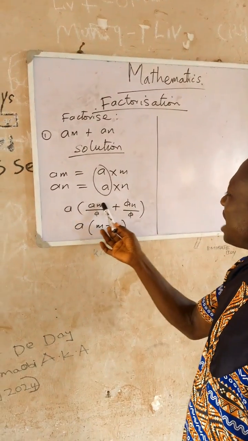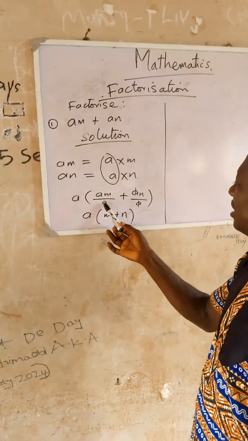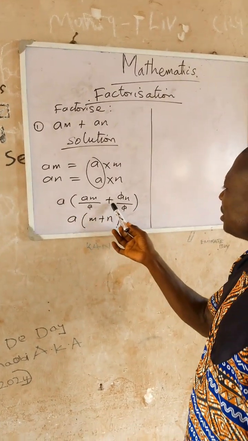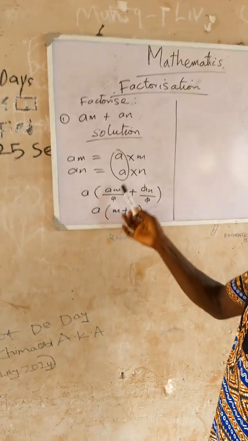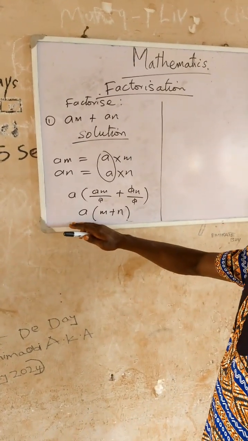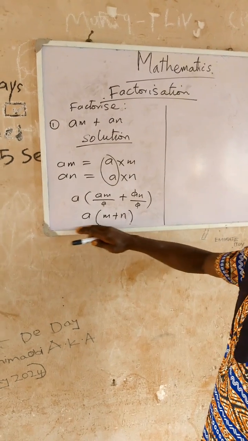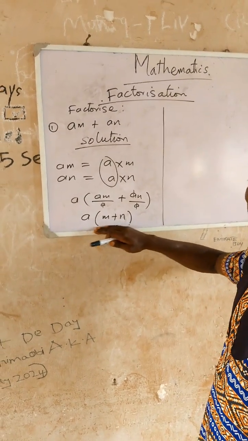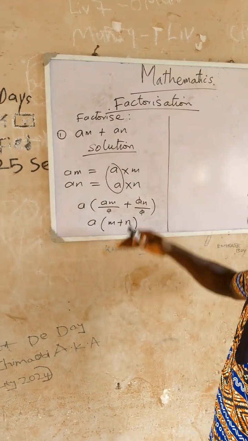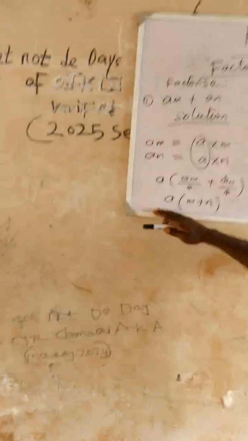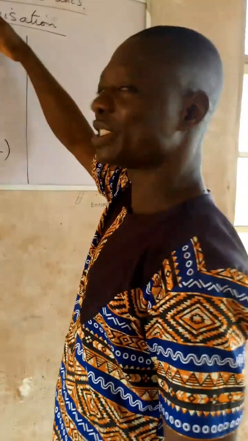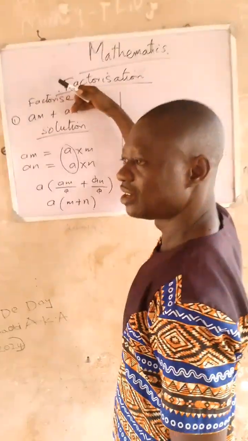Use the same HCF to divide the expression. After division, the answer you get becomes the last answer. Remember what we said before? That when we factorize an expression and open the bracket, we get the original expression. I hope that is clear.